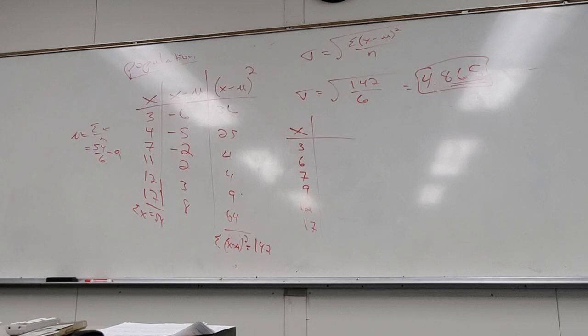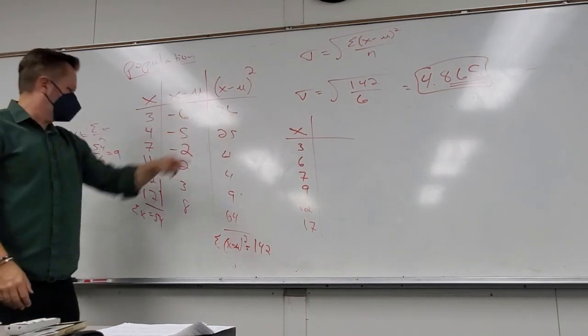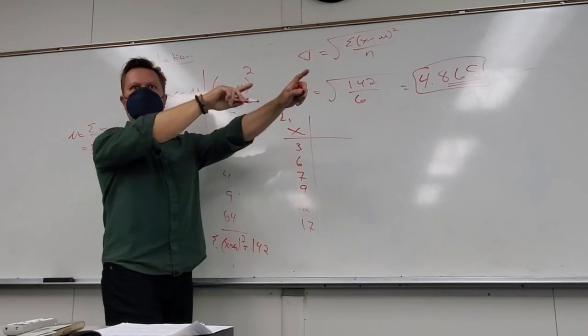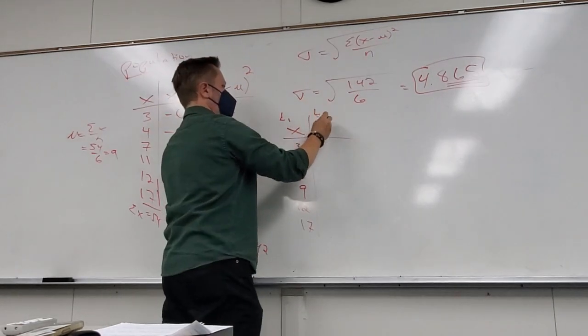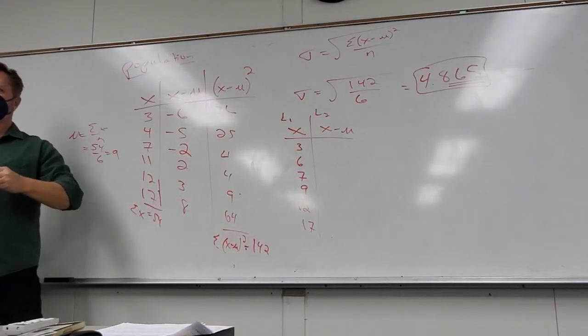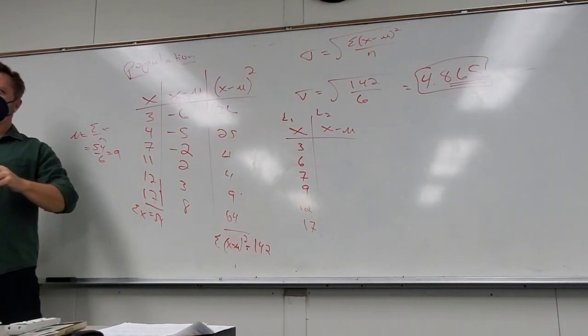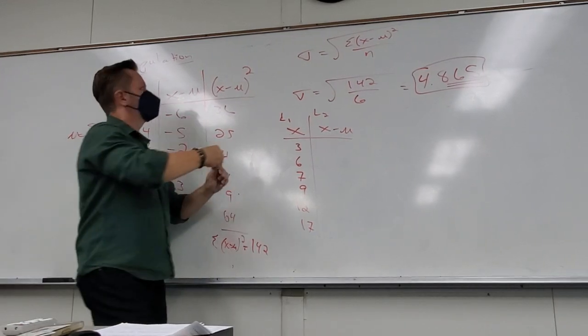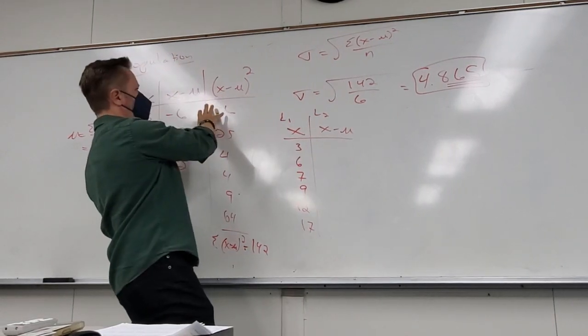Now what I'm going to do is I want the second list. This is list 1. I put all the X's into list 1. I want list 2 to be this. See again? I'm sorry, there's a lot of stuff going on. So here's the first one we did together.